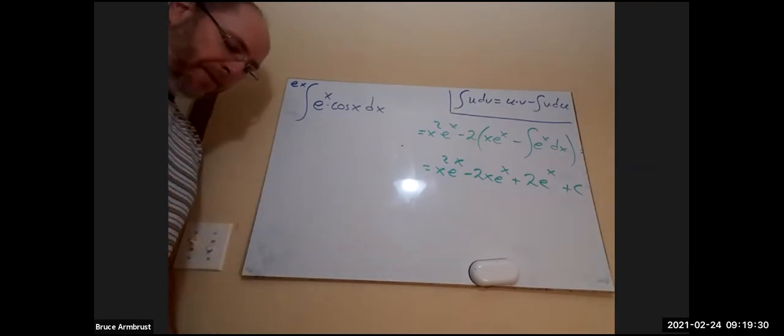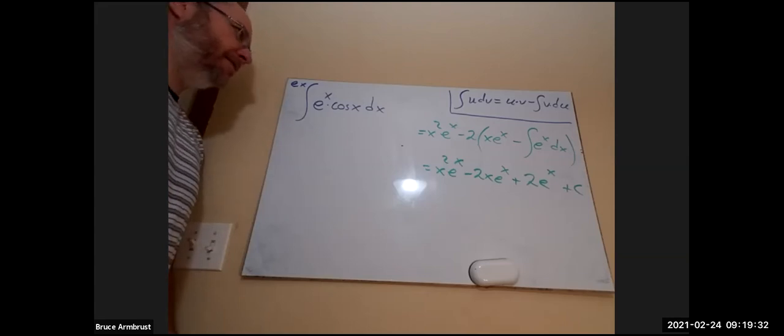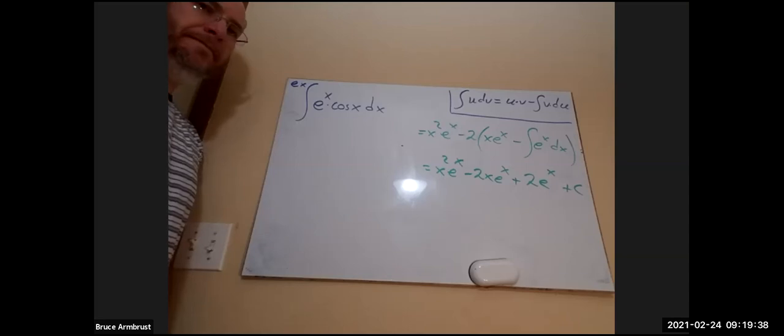What does LIATE suggest as our choice for u? Cosine x. All right, cosine sounds good to me. T comes before e, so trig comes before exponential. So let's let u equal cosine of x, and dv is e to the x dx.